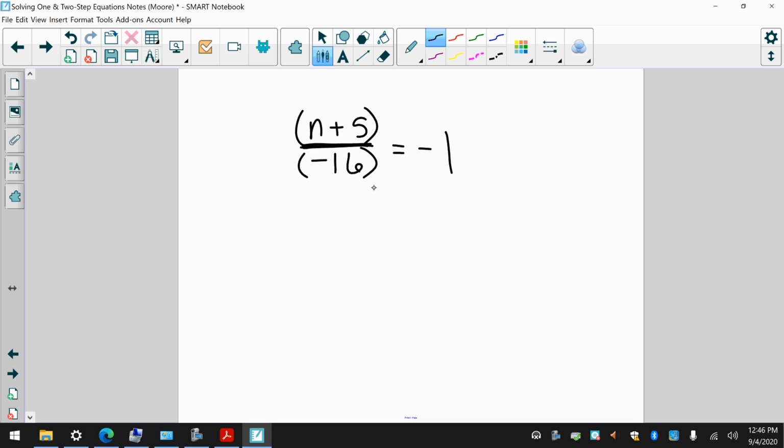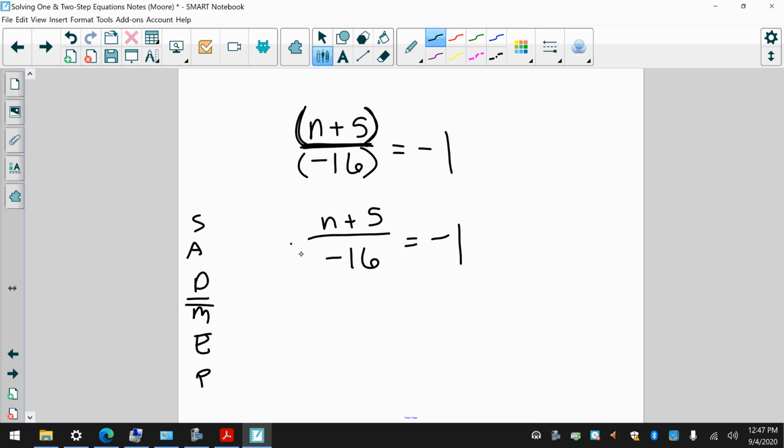Since there's only one thing on the bottom, we can just say everything on the bottom is just negative 16. So in that case, we have to get rid of the negative 16 first, because parentheses are last in SADMEP. If these are assumed to be in parentheses up here, we have to get rid of the negative 16 first.